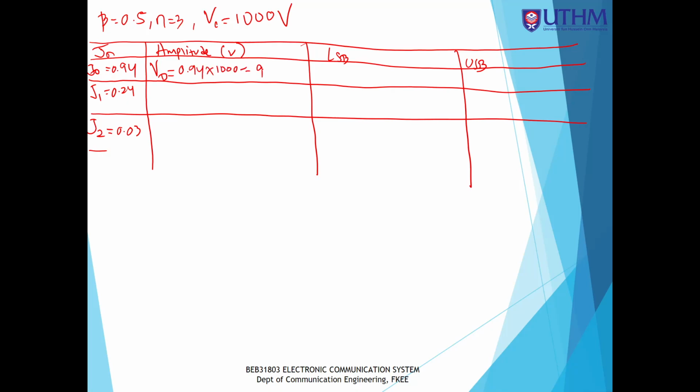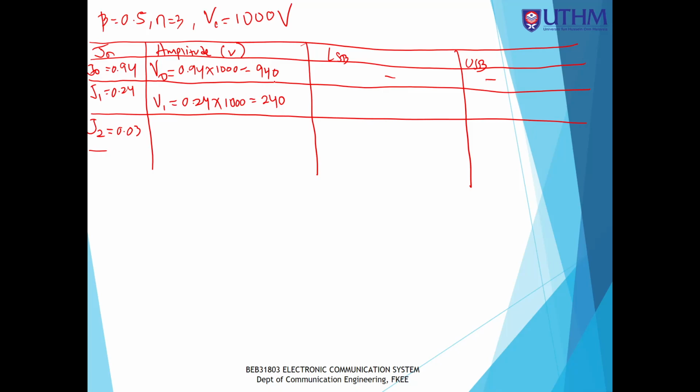So you're going to get 940 volt. This is the center frequency at FC. And then V1 is equal to 0.24 multiplied with 1000, so this is 240 volt.